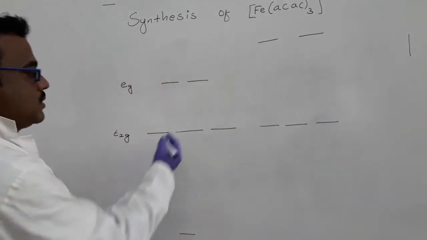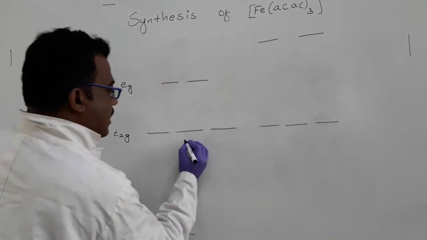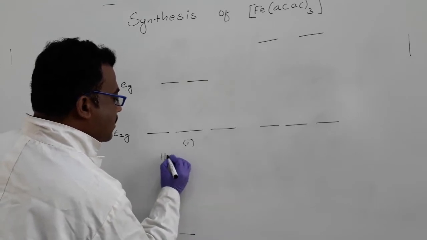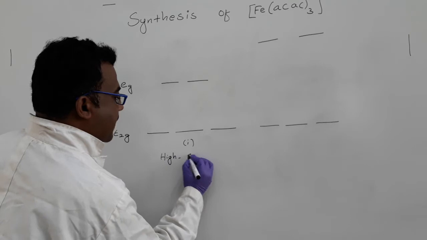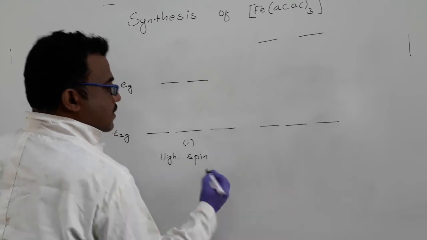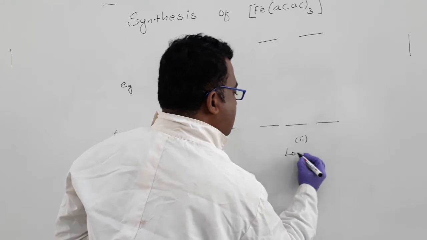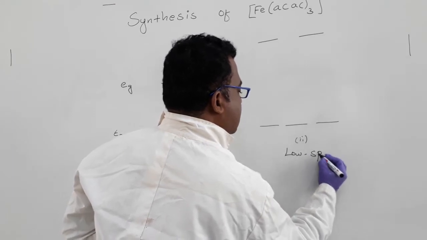The first one is for the case of a high spin complex, and the second one is for the case of a low spin complex.